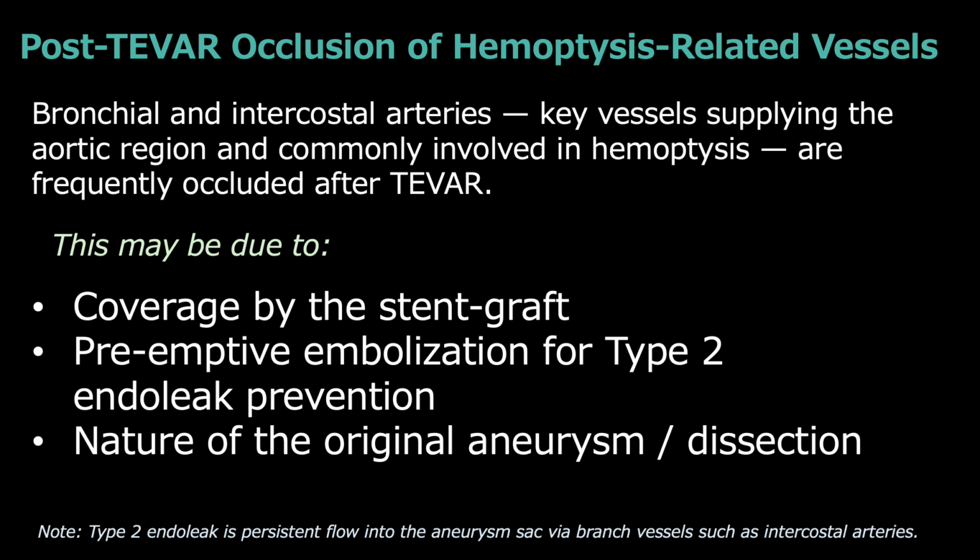Bronchial and intercostal arteries, key vessels supplying the aortic region and commonly involved in hemoptysis, are frequently occluded after TEVAR. This may be due to, first, coverage by the stent graft; second, preemptive embolization for type 2 endoleak prevention; and third, the nature of the original aneurysm or dissection.